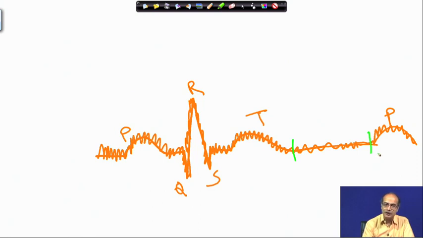So, if we want the characteristics of the noise, we can just observe this part and take it out as a sample of the noise block where no signal is there.